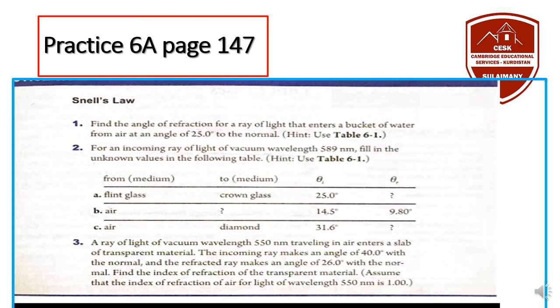Find the index of refraction of the transparent material. Assume that the index of refraction of air for light equal 1. Okay? So this directly uses Snell's law. As I said, we need N1, theta 1, theta 2. N2 unknown. Let us discuss the table, question 2, in the next slide.